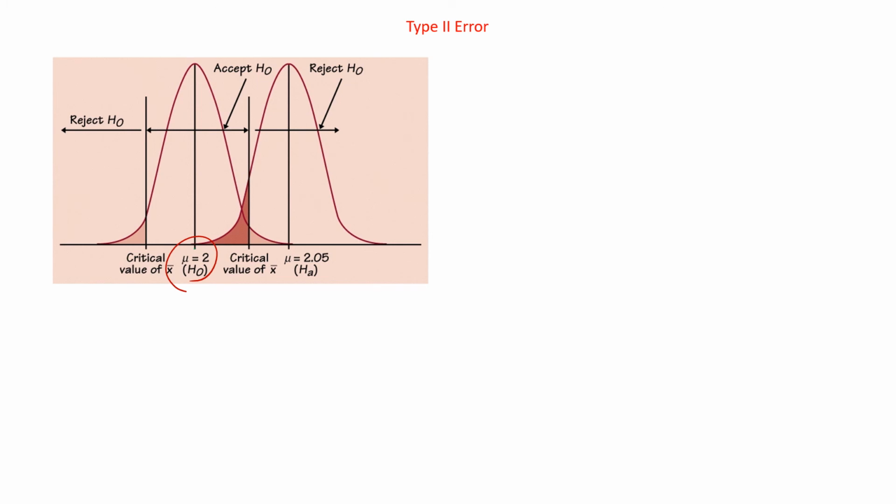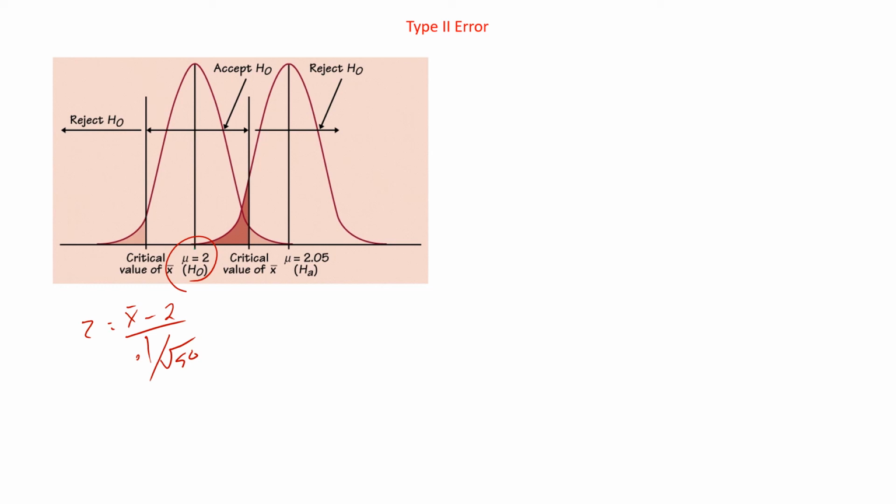So we can get our z value is going to be x bar minus 2 over the standard deviation, which for this problem happens to be 0.1 over root 50. The z, in order to reject it at a 5% level, remember that 1.96, that's that z.